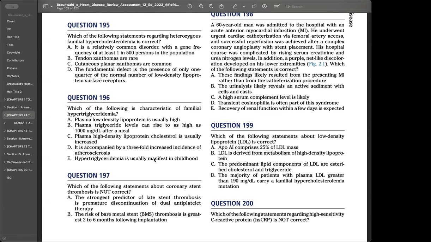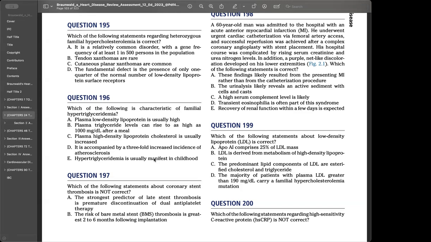Then option B, plasma triglyceride levels can rise to as high as 1,000 milligrams per dL after a meal. This should be a true statement.